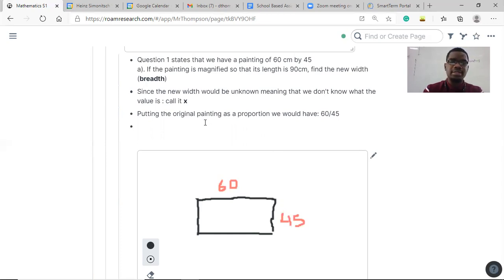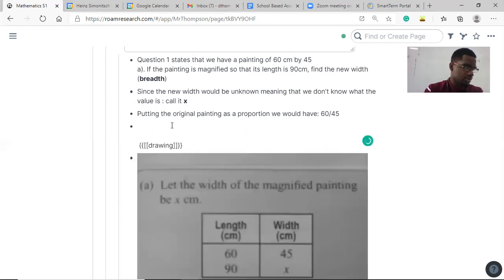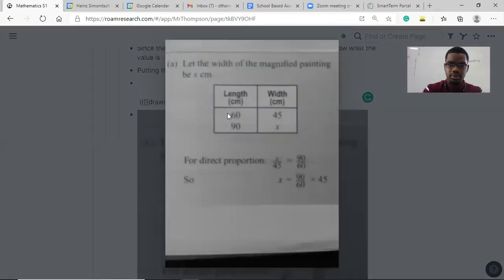Okay? And then it says now the new painting has a length of 90. So putting it as our new proportion, the length is going to be 90, but the width is unknown. All right?